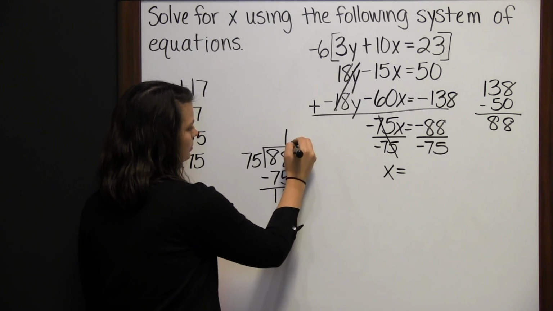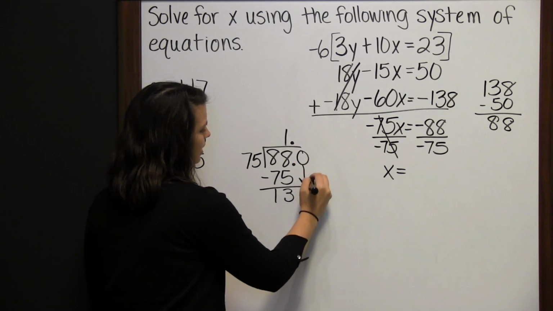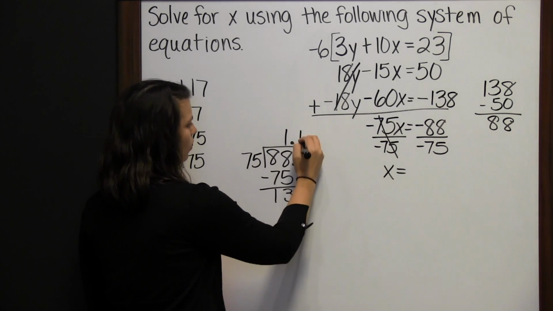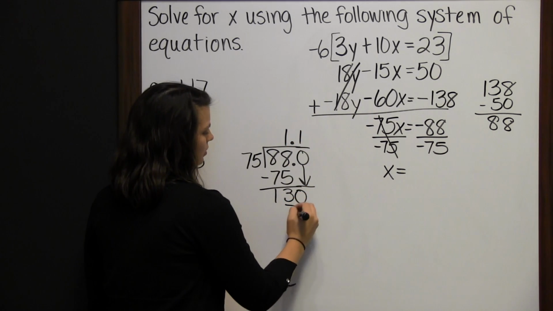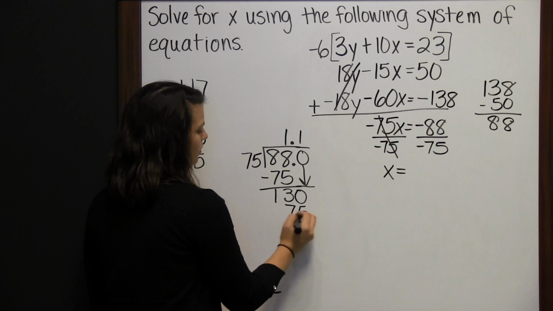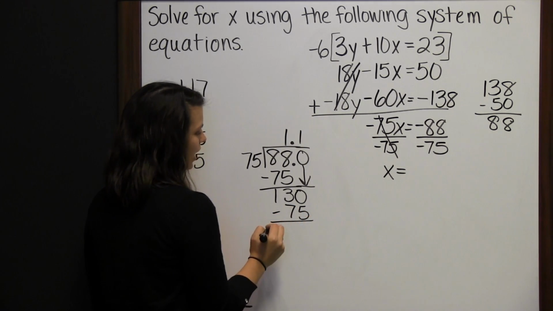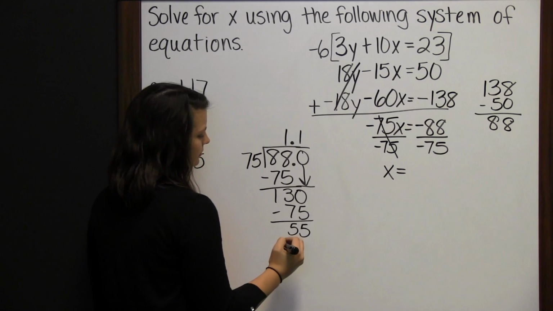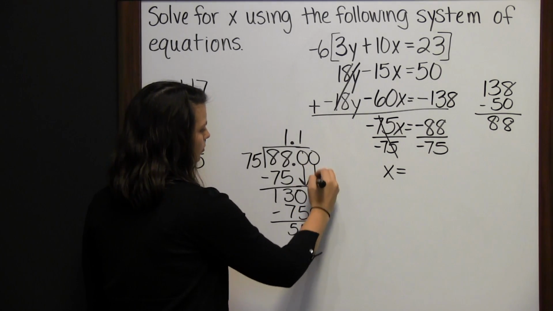Add a decimal and a 0. Bring it down. 75 goes into 130 one time. 75 times 1 is 75. Subtract, and we get 55. Add a 0 and bring it down.